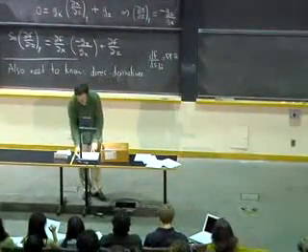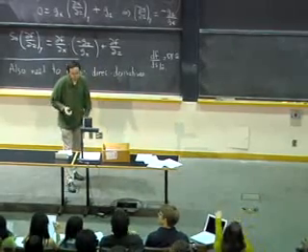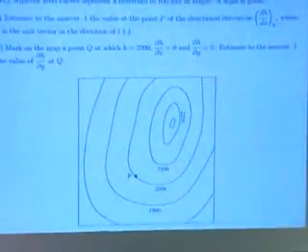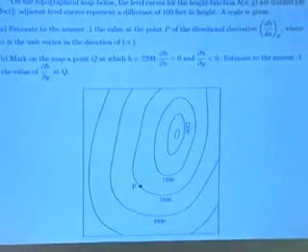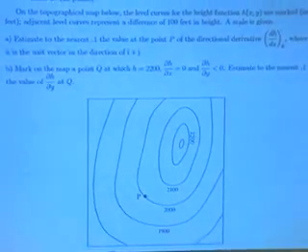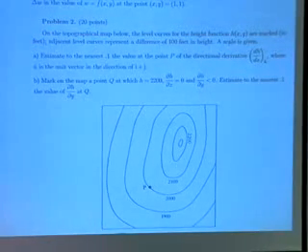So let's look at problem 2b. Problem 2b is asking you to find a point at which h equals 2200, partial h, partial x equals 0, and partial h, partial y is less than 0. So let's try and see what is going on here. A point where h equals 2200 should be on the level curve that says 2200.